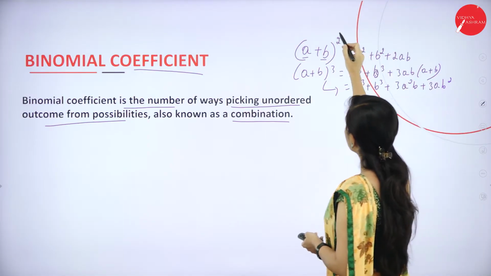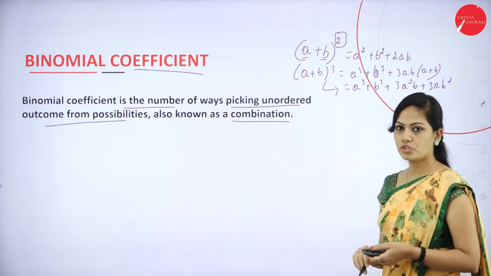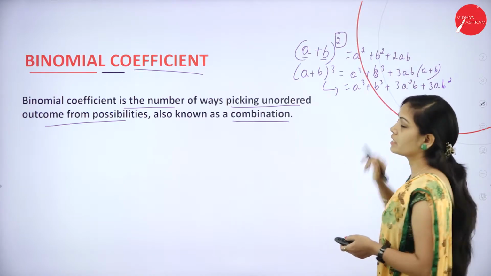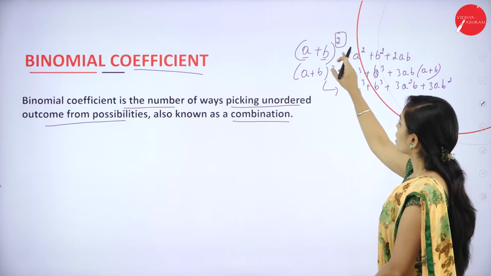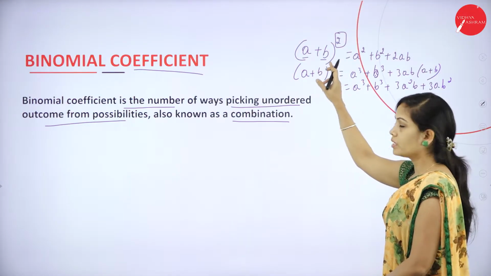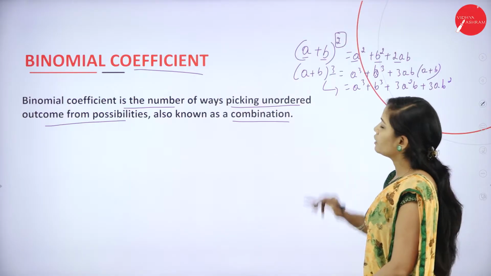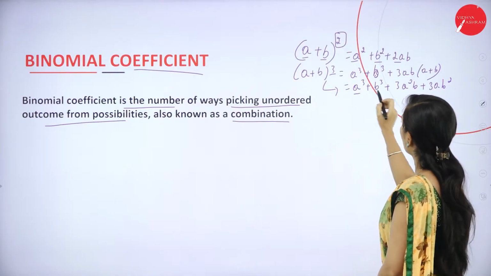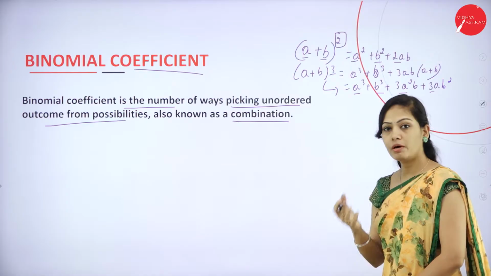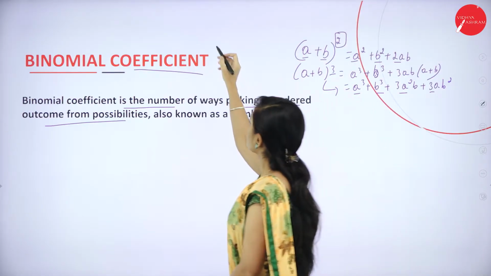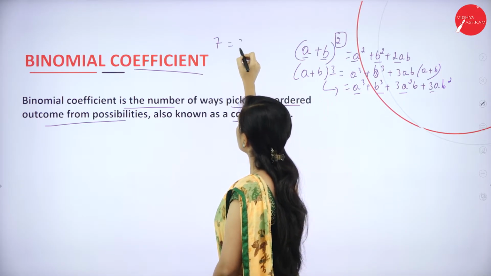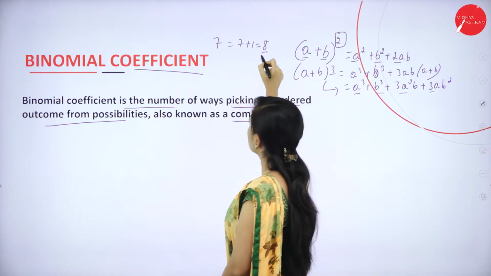If the power is 2, you will get 3 terms. Keep in mind, if your power value is 2, then you will get 3 terms, right? If your power value is 3, you will get 4 terms. If your power value is 7, you will get 7 plus 1, which is 8 terms.